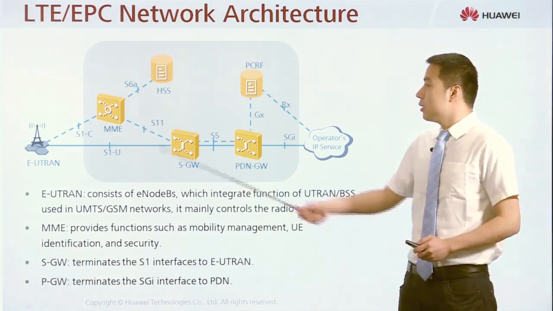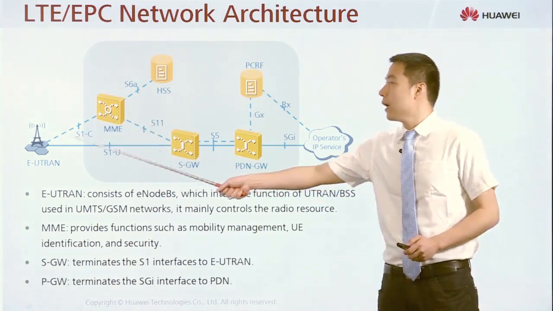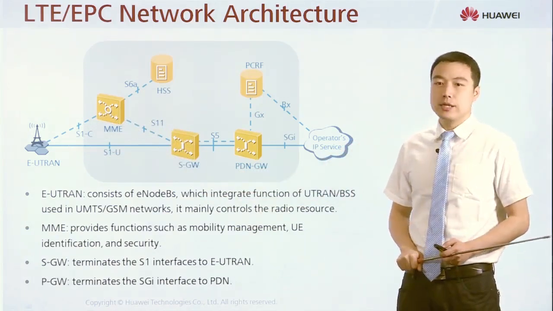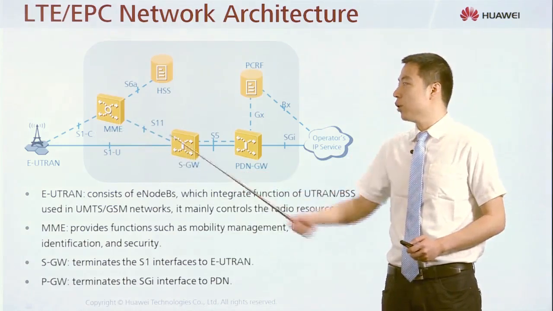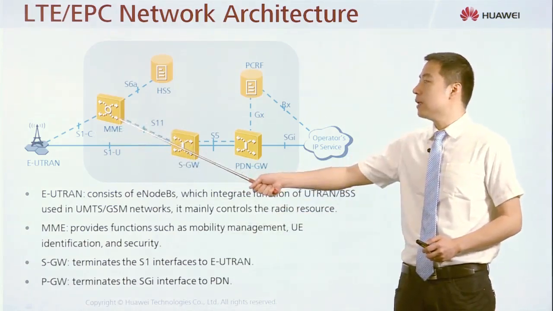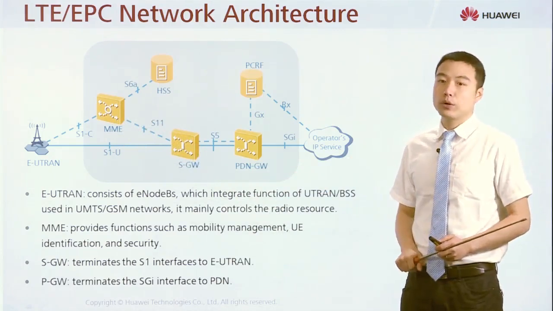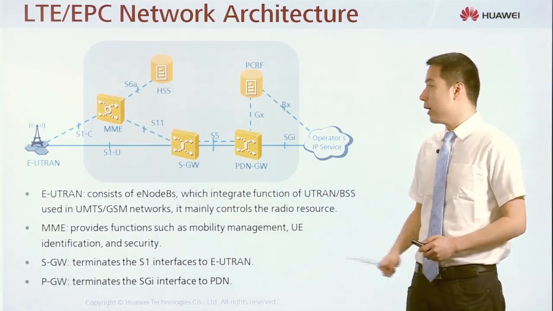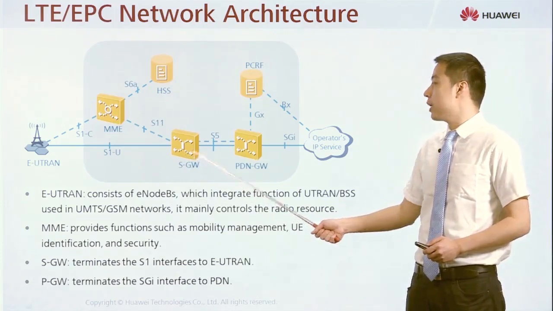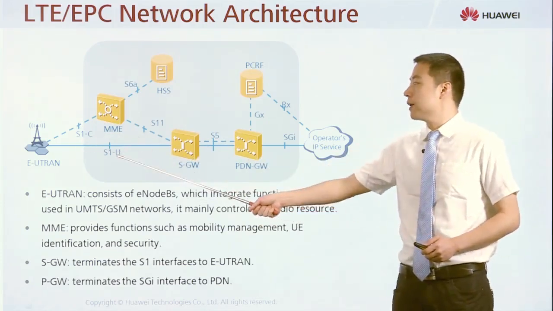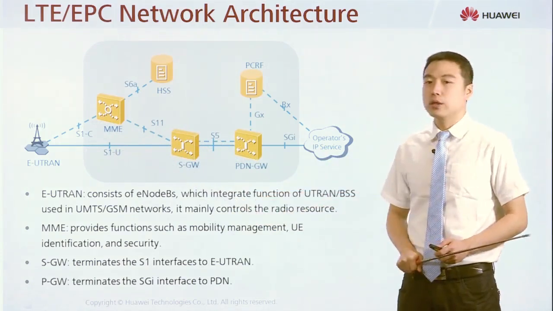The interface between the MME and the eNode-B, we call it S1-C. Here, C means control, which means the MME only processes the control messages and the signaling. They work in the control plane. And the interface between the SGW and the eNode-B, we call it S1-U.